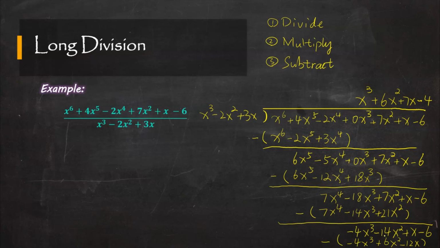And here is negative 14 minus 6, which is negative 20x squared. And 1 plus 12, which is plus 13x. And here is the negative 6.